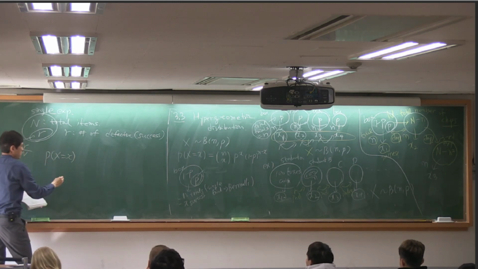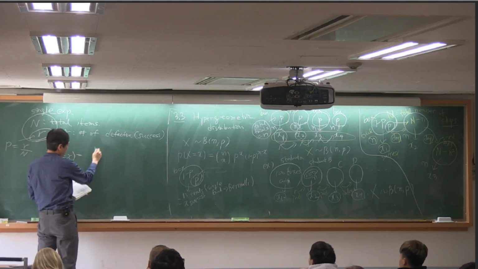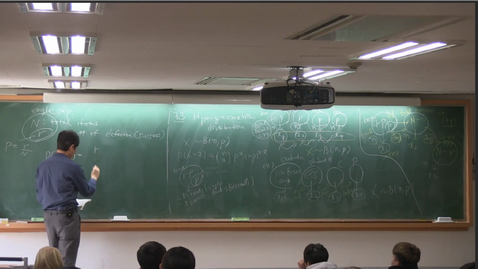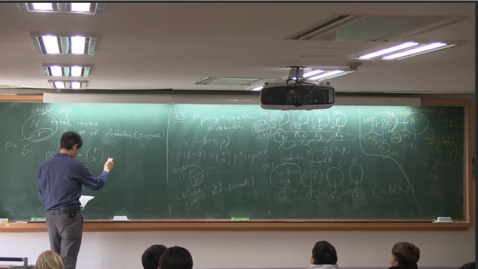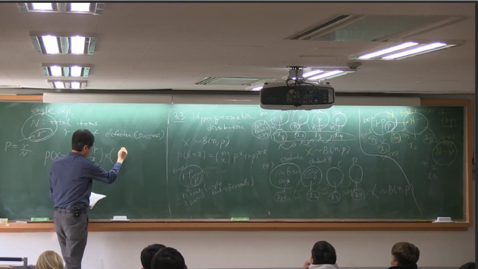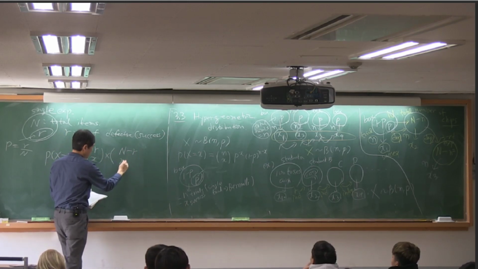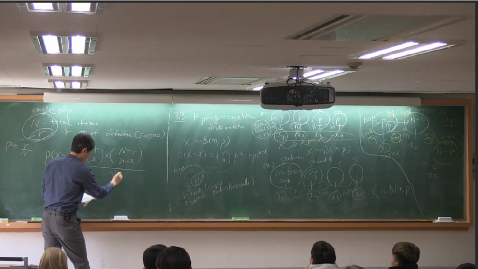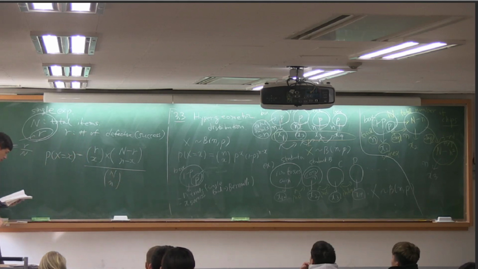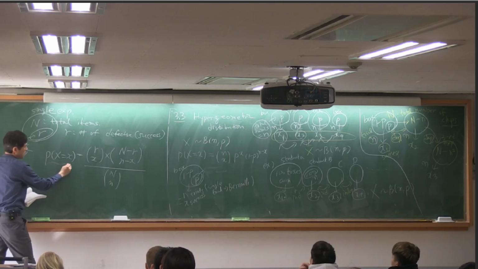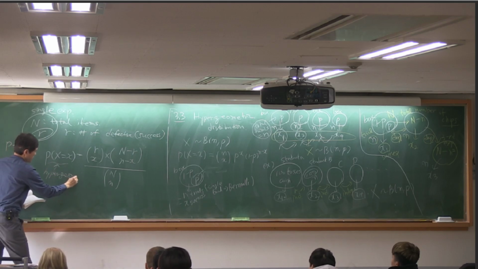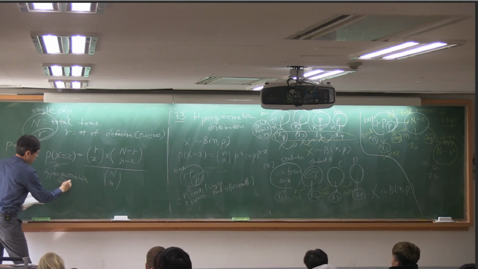The probability of x is R combination x, times N minus R combination n minus x, divided by N combination n. This is called the hypergeometric distribution.